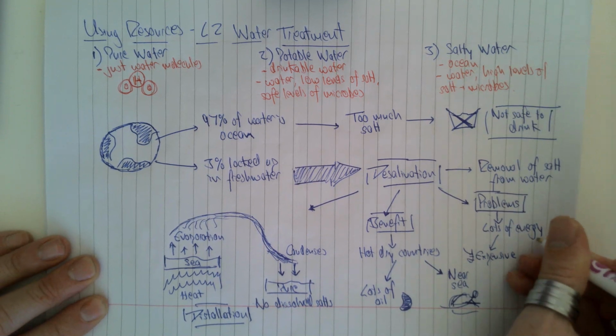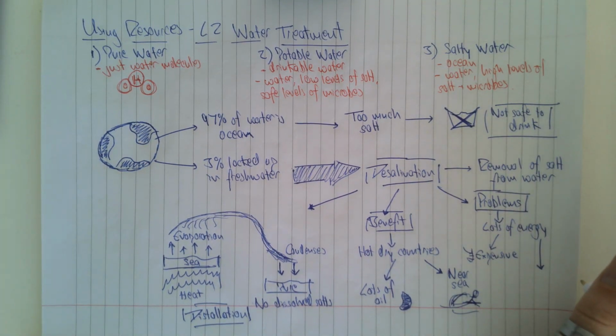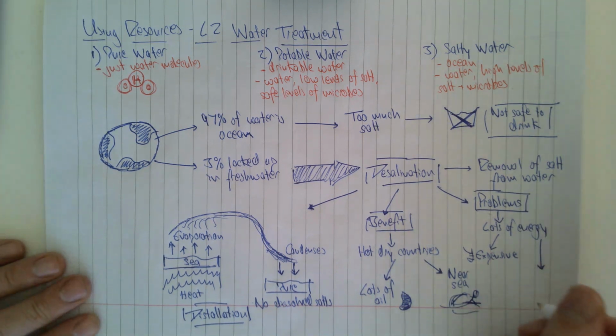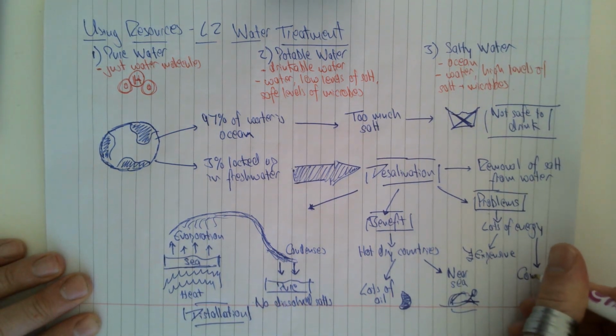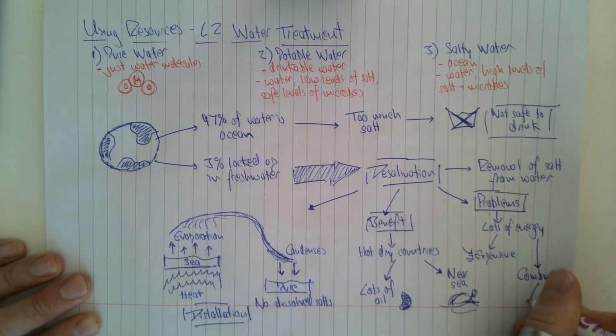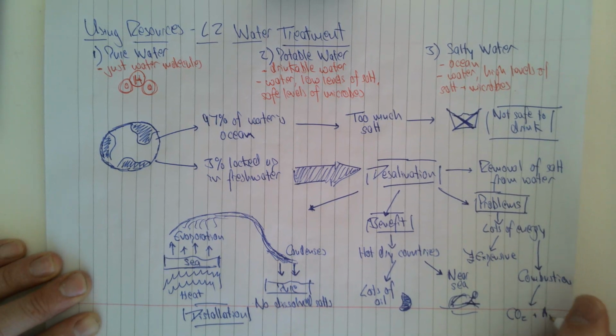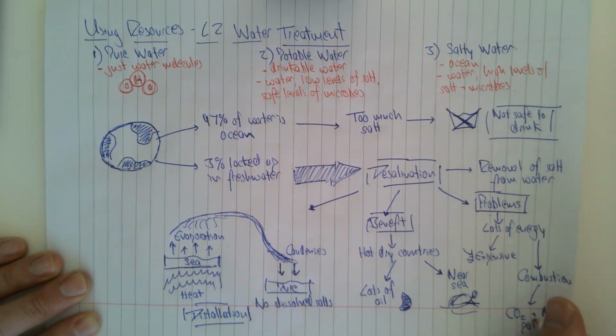Generating energy can be expensive. And additionally, obviously, if you're burning something like oil, you're carrying out combustion, and it can produce pollutants such as CO2 and other air pollutants.